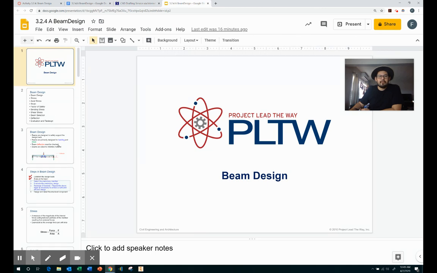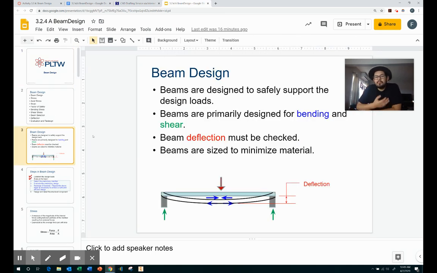So with beams, there are 3 major conditions we care about. One is bending moment, the other is shear, and the third is deflection. Bending and shear, because the beam is under a lot of pressure, it's going to start bending, and its max bending moment could actually cause the beam to break because there's so much compression and tension internally within the beam, the top portion being under compression, the bottom being under tension from stretching, that if there's too much bending, the beam can fail.